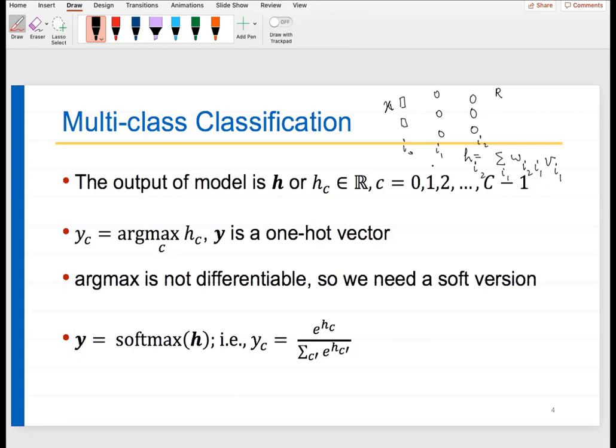So I cannot use least square estimation to find my optimal solution for W using analytical methods like just differentiate, put the derivative equal to 0, solve for W, and you get the optimal W. That is not possible because this is a nonlinear model.